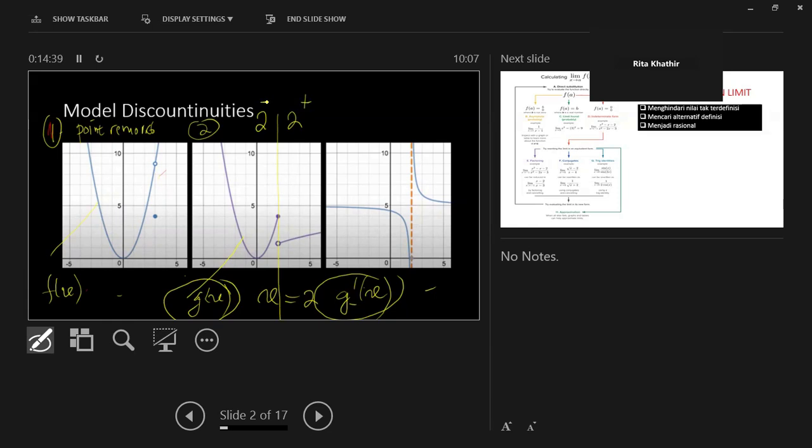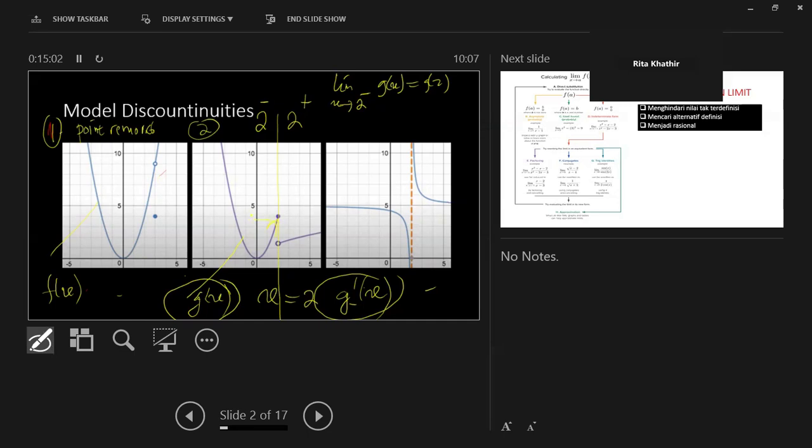So if we write limits, then x approaches 2 from the left hand side of g of x, we can write then g of 2.